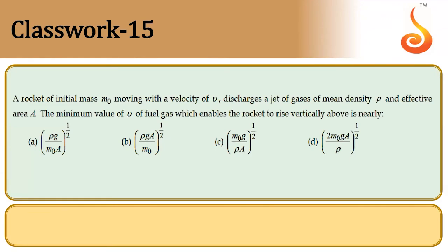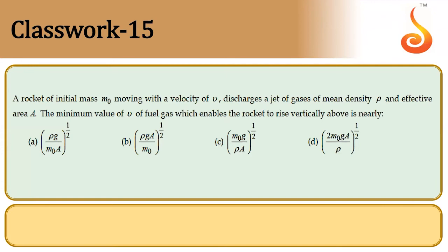A rocket of initial mass m0 moving with velocity v discharges a jet of gases of mean density rho and effective area A. The minimum value of v of the fuel gas, which enables the rocket to rise vertically above, is nearly.